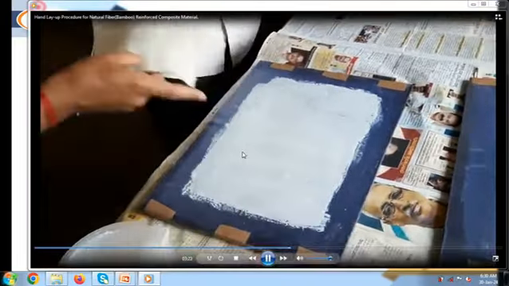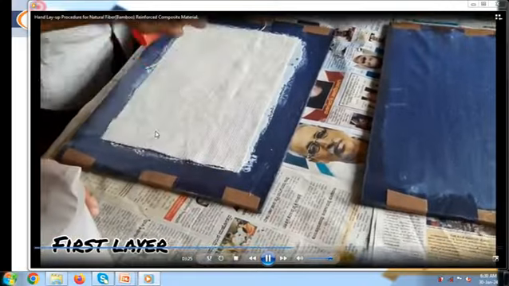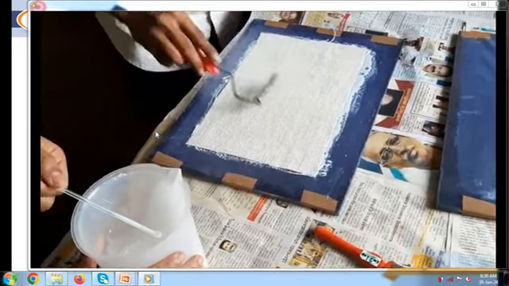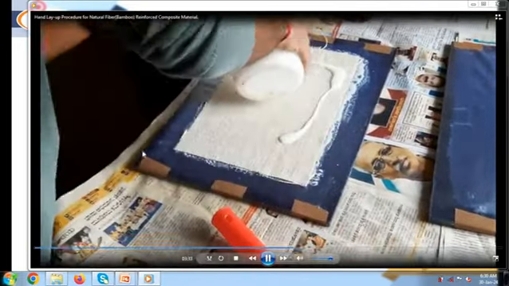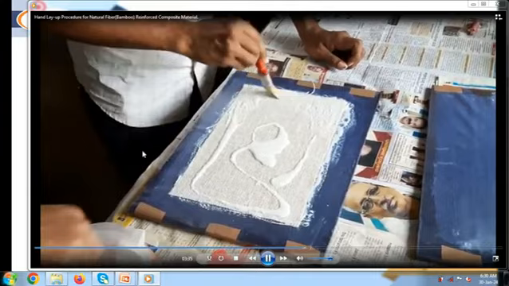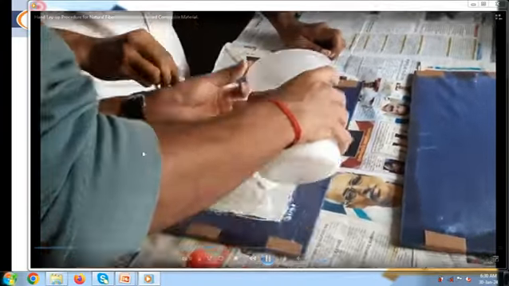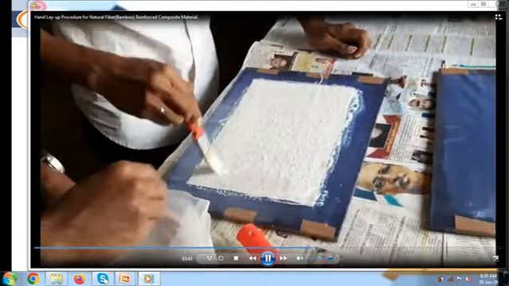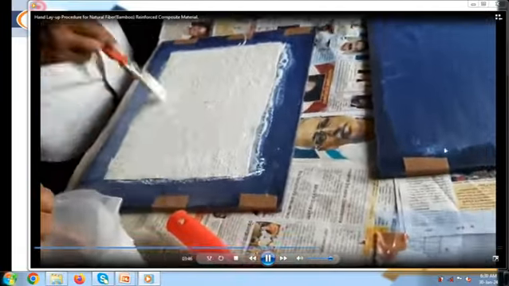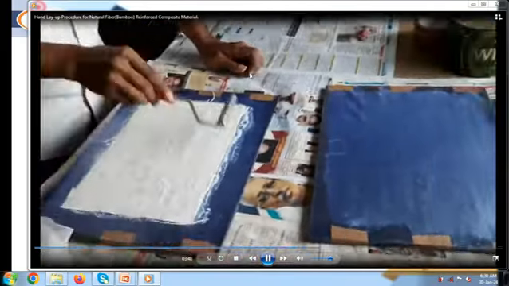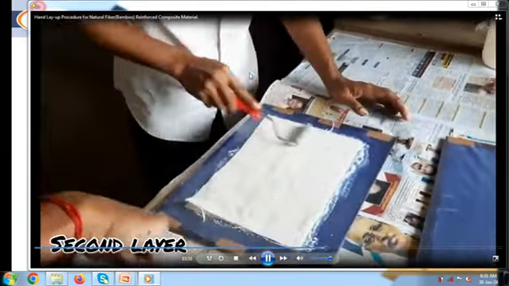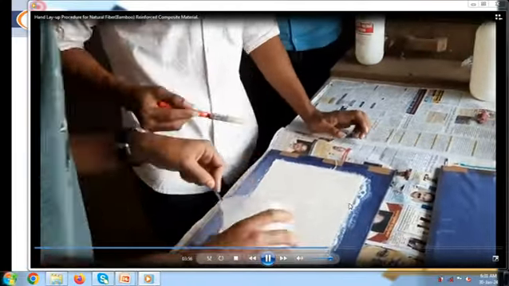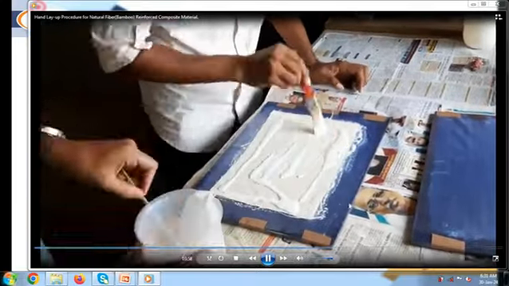Now we have added some layers of our composite fibers on this epoxy, and after doing this we again pour the resin on these fibers. This resin is thoroughly applied on the fibers. So now we are adding the fibers layer by layer so that we can prepare the laminate structure.